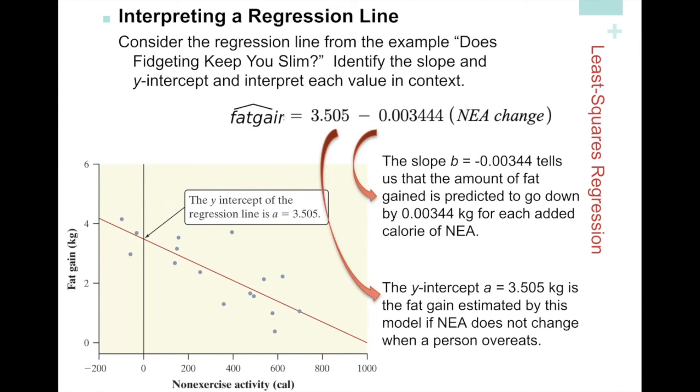If NEA does not change at all, our model predicts that after 8 weeks, a healthy young adult would gain 3.505 kilograms in this study. So that is how you identify and interpret the slope and the intercept in context.